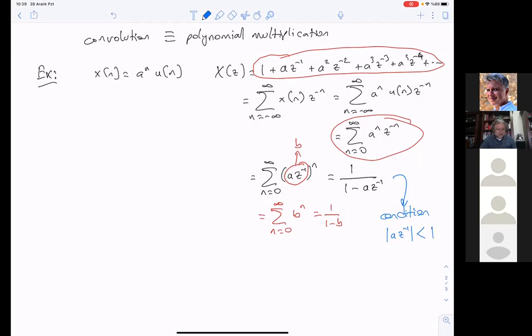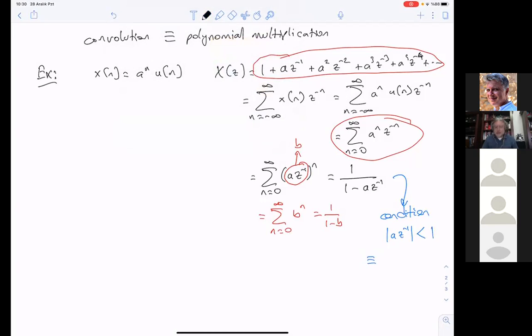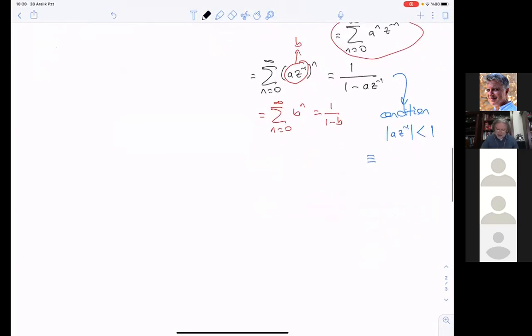This is equivalent to a times z inverse being less than 1 in magnitude, which can be rewritten as the magnitude of z being greater than the magnitude of a.